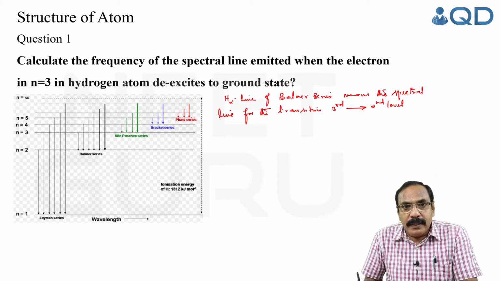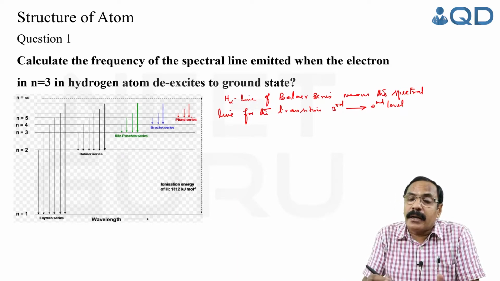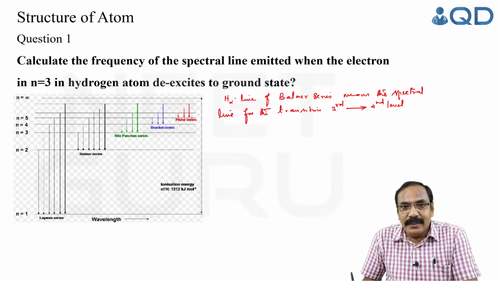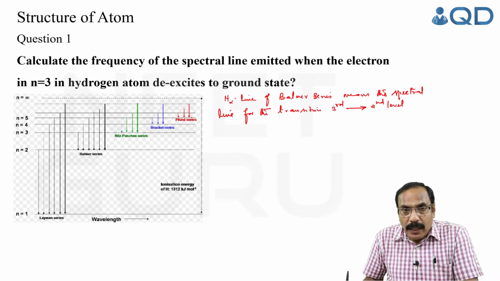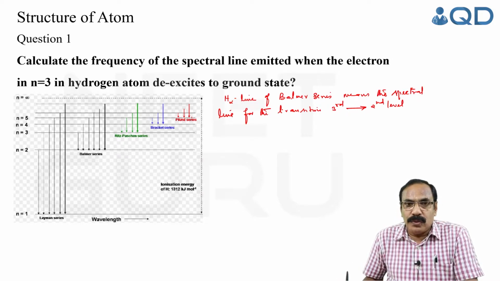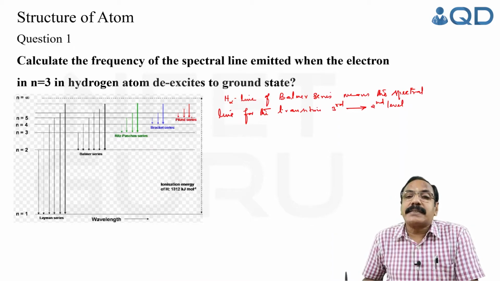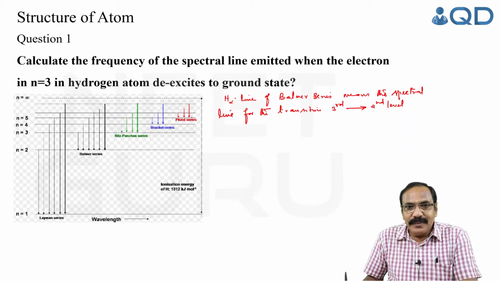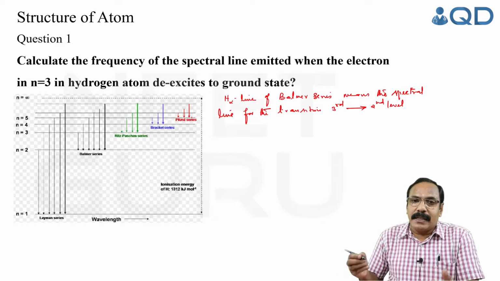So remember, in an atom, energy levels are closely spaced as you move to higher and higher energy levels. The maximum energy difference is between energy level 1 and energy level 2. The second energy level is sometimes called the first excited state, because the ground level is n equal to 1, so the second level will be the first excited level.